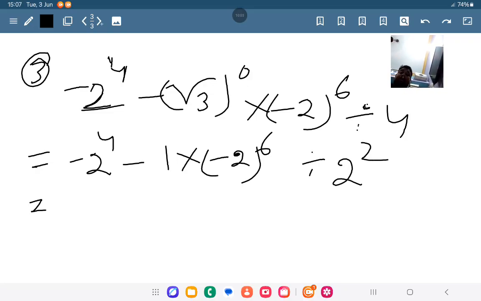Now it will be minus 2 to the power 4 minus 2 to the power 6.